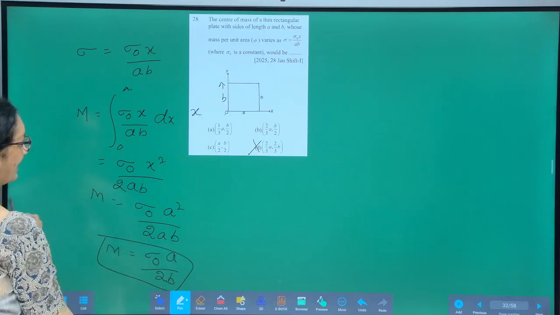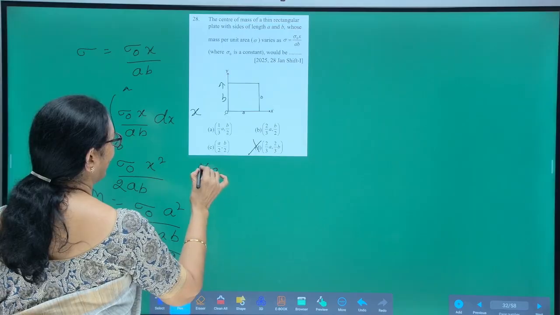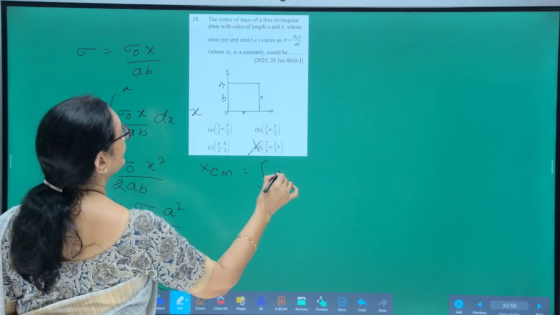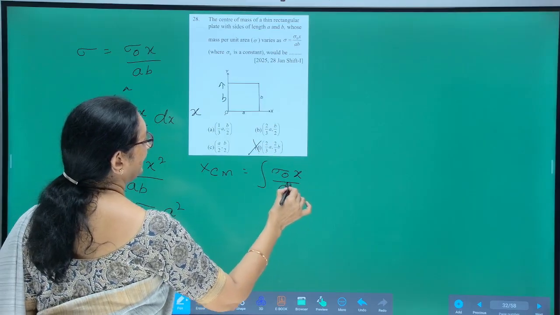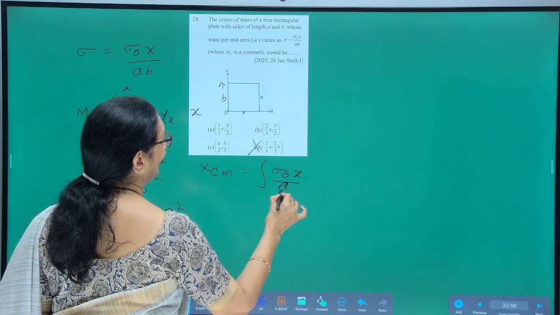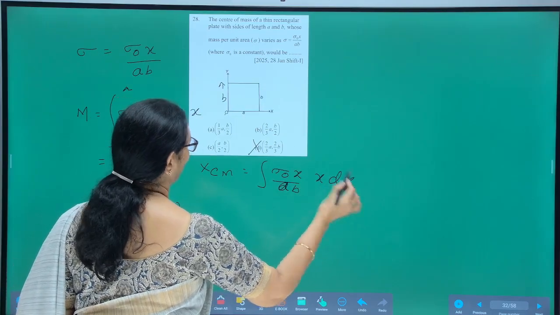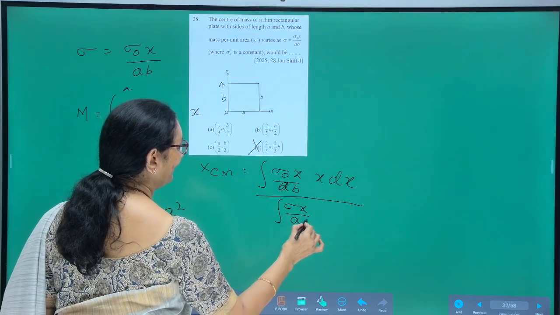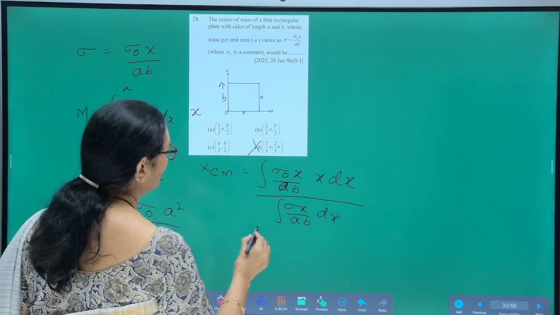that is the mass. Now, the x coordinate of center of mass is given by sigma naught x by AB. This is mass density, sigma naught x by A into B into x dx divided by sigma naught x by AB dx. This is the total mass. So, let us do it carefully.